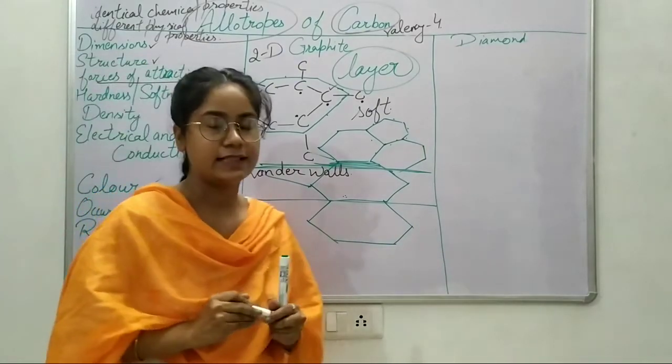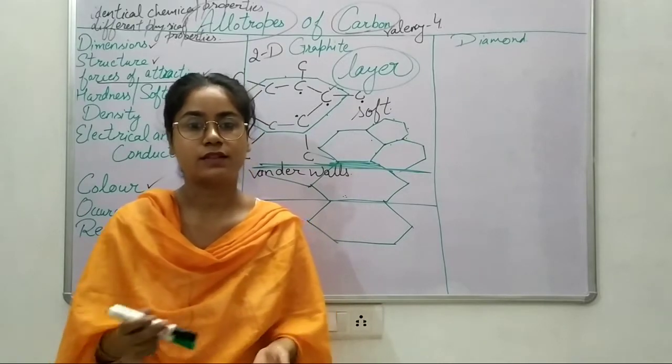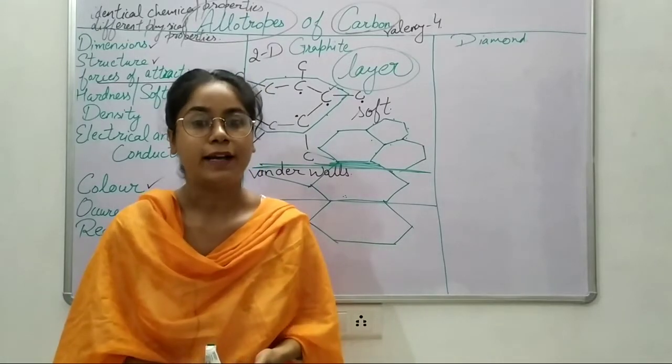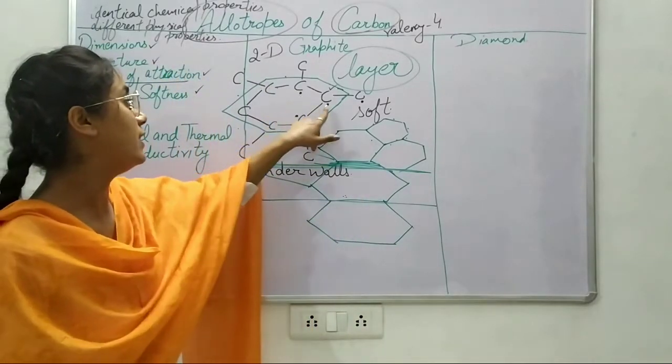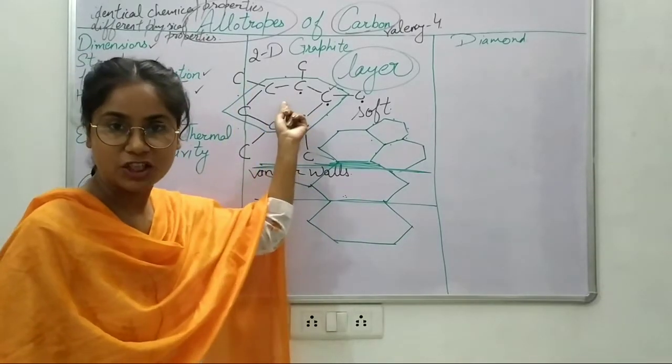Well, my dear students, graphite is a good conductor of both heat and electricity. Why? Because of the presence of one free electron in it. This one free electron carries the charge.